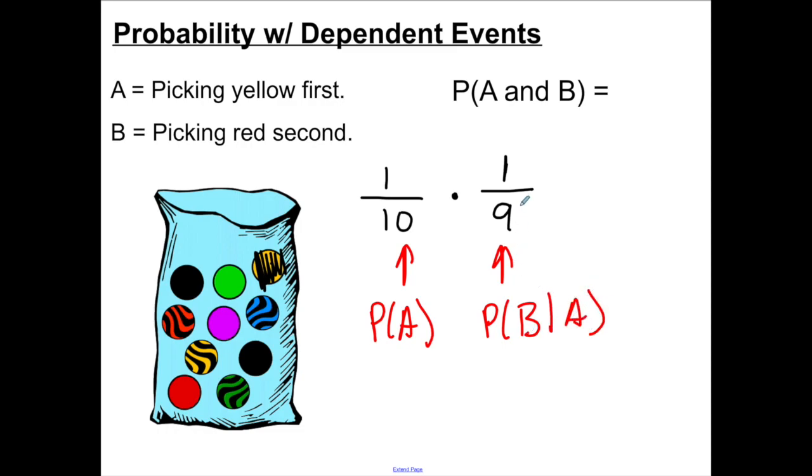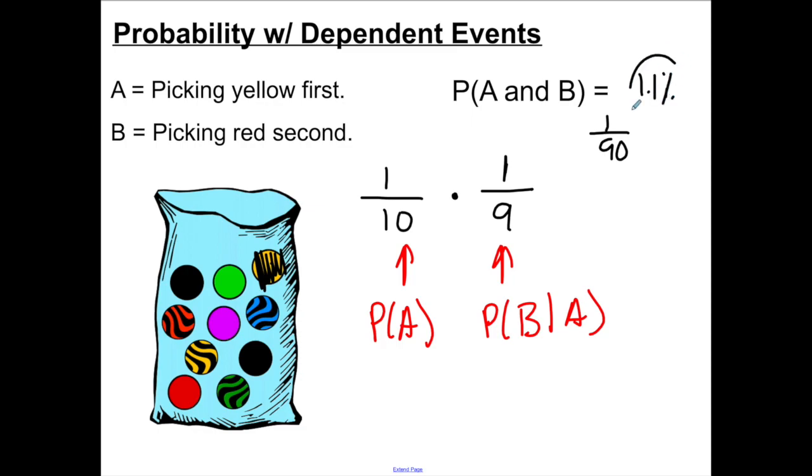The probability that you're going to pick a red marble given that you've already taken out one of the marbles when you picked the yellow one out. So the result would be 1 out of 90, and that would be a little bit more than 1%. I don't know if it would even round up to 2. Yeah, it'd be like 1.1%.